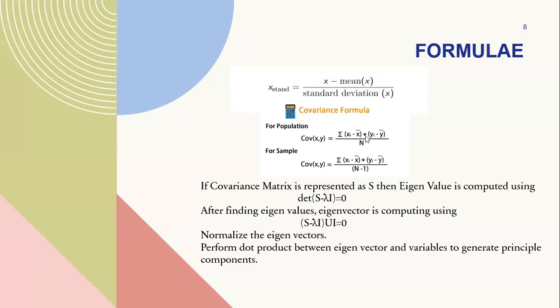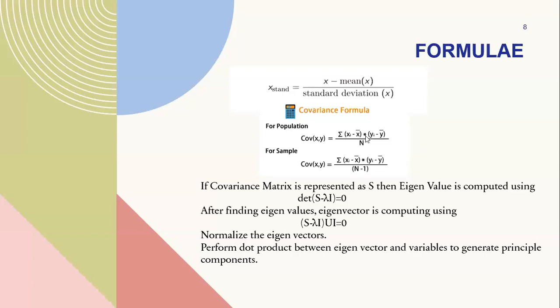Now, once the covariance matrix is found, let us imagine the covariance matrix is represented as S. Then the eigenvalue is computed using the formula determinant of S minus lambda I is equal to 0, right? It's a simple mathematical equation to be solved, and we can find the value of lambda.